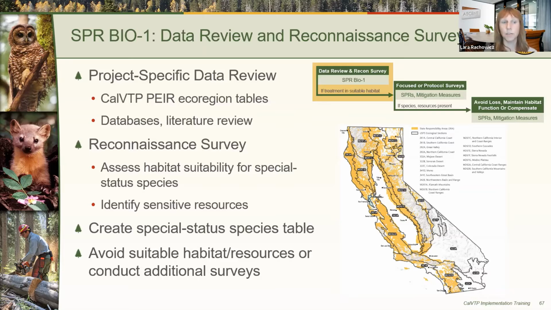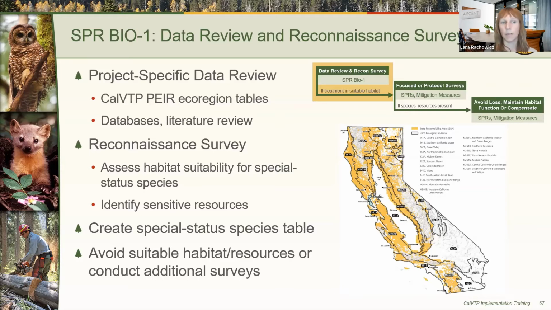For the data review, the first step is to use the CalVTP PEIR to help narrow down potential resources that may occur within the treatment area. The PEIR biological resources environmental setting is geographically organized into ecologically similar regions known as ecoregions. So first determine the ecoregion where the treatment will occur.